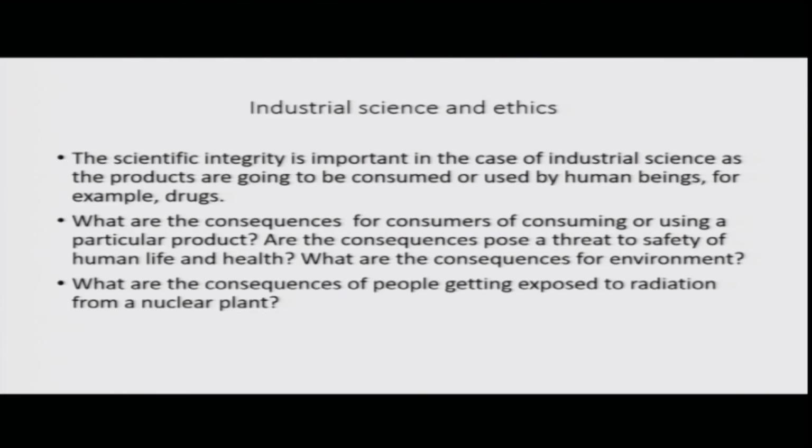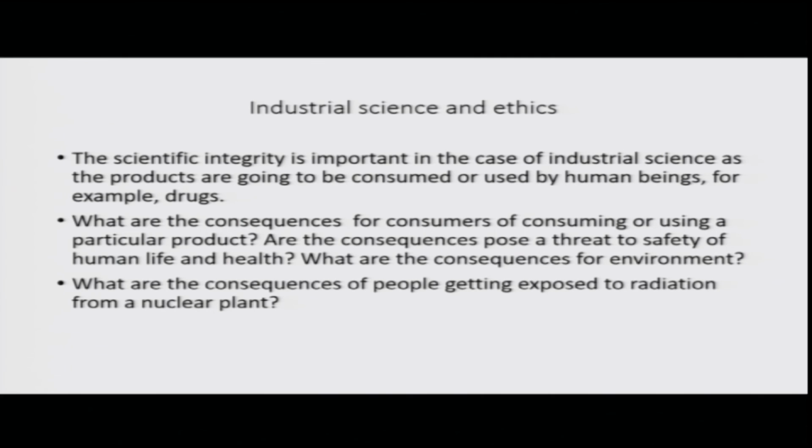In industrial science and ethics, scientific integrity is important as products are going to be consumed or used by human beings. For example, drugs: the pharmaceutical industry should be far more ethical in their practices, in what kind of drugs they make, whether they are safe for consumption, whether they create any undesirable side effects and so on.